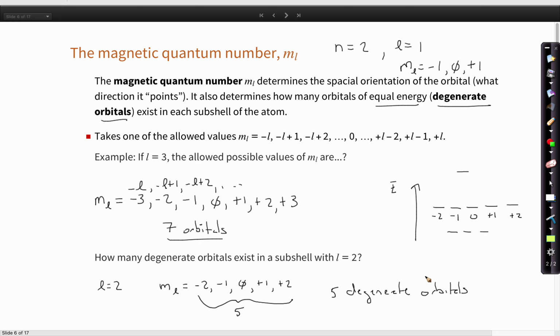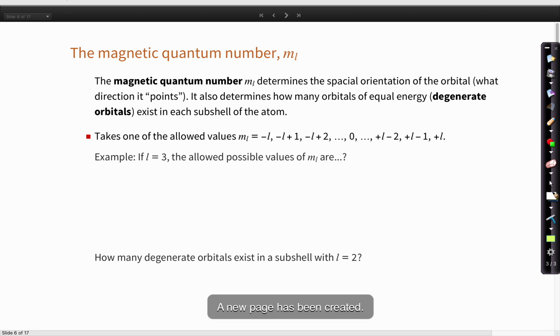We might have something like this, where we have 3 here, and then 5 here, and then 1 here, and so forth and so on. So different energies for the different subshells, but within a subshell, they have the same or equal energy. They're degenerate, and to determine how many orbitals you have in a region like this, you count the number of m sub L values.